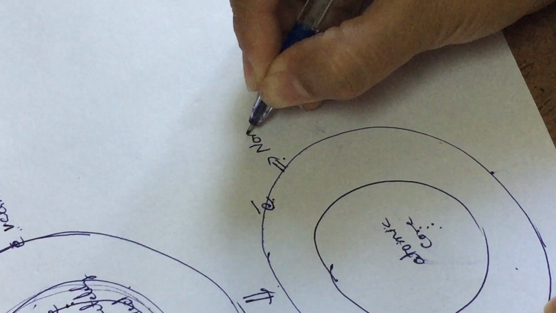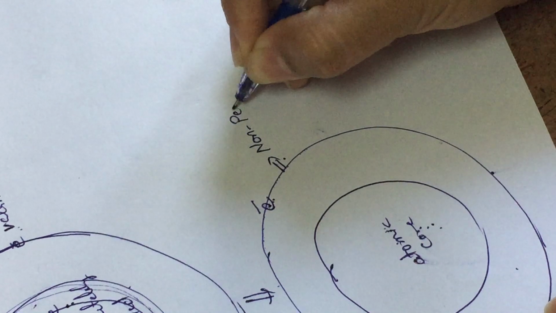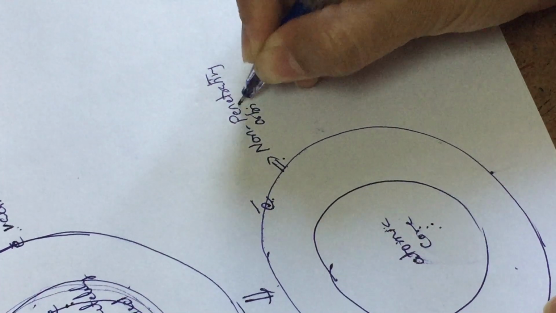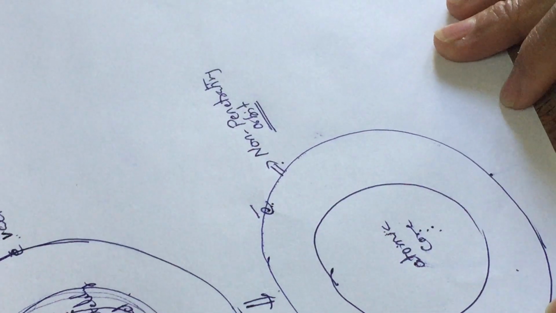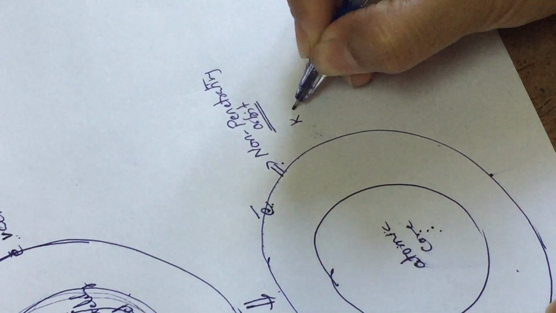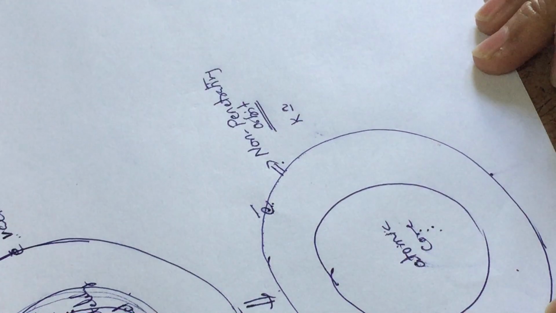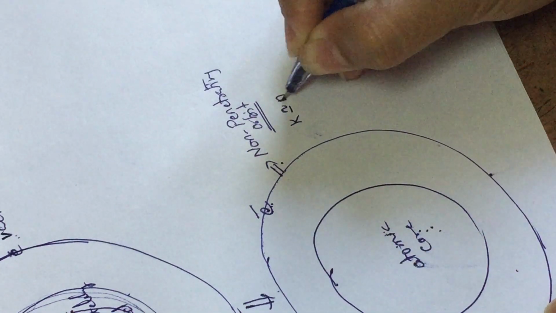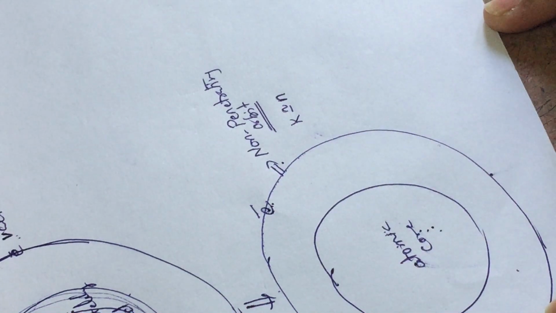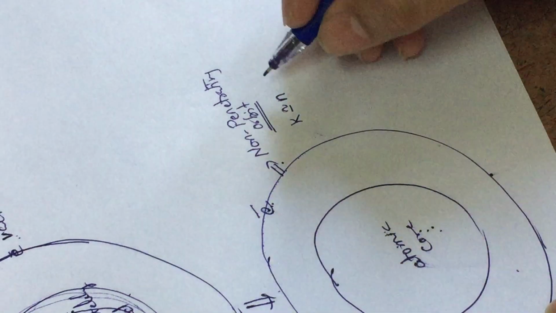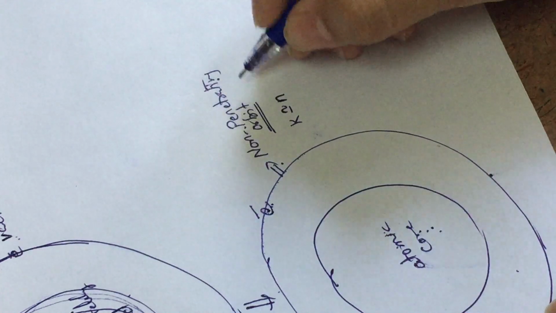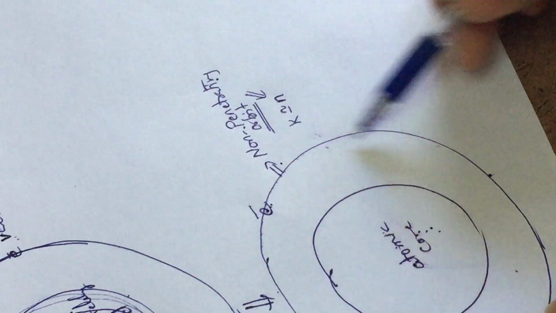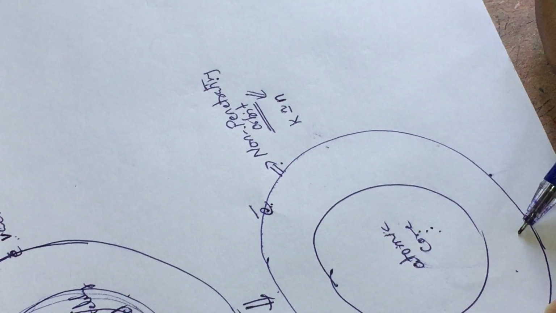In the case of a non-penetrating orbit, k, our azimuthal quantum number, is approximately equal to our principal quantum number. This is the condition for whether the orbit will penetrate or not.